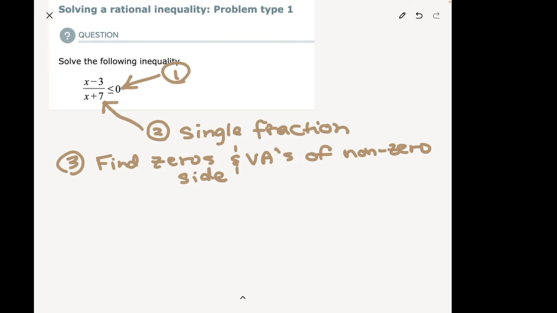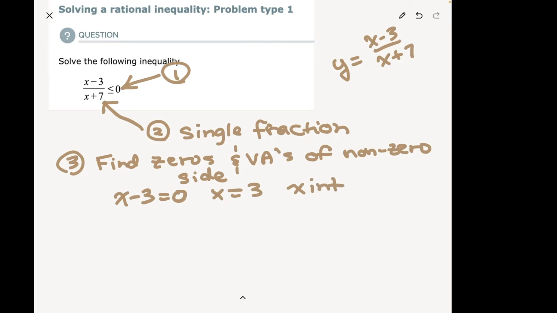If you have the function y equals (x minus 3) over (x plus 7), for a rational function, the shortcut is that I only have to set the numerator equal to 0. So if I set the numerator equal to 0, I know that x equals 3 is going to be my x-intercept for that graph.